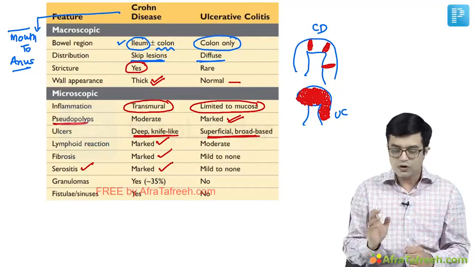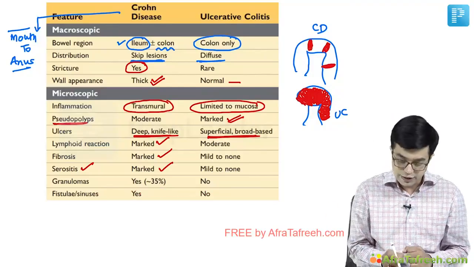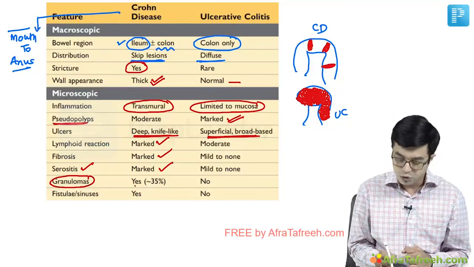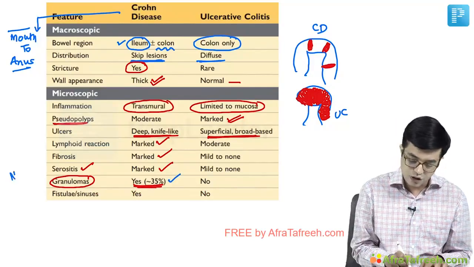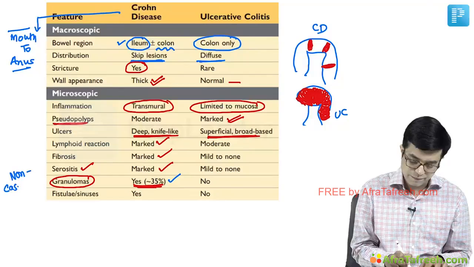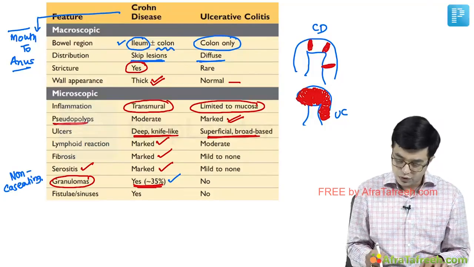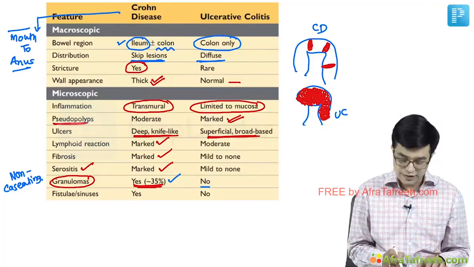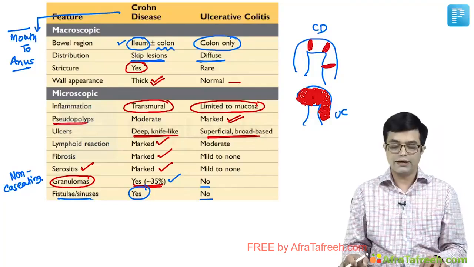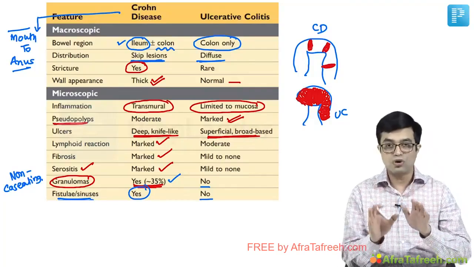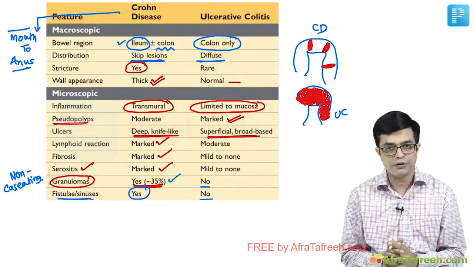It will be more common in Crohn's disease compared to ulcerative colitis. Granuloma formation is more common in Crohn's disease. They occur in 35% of patients. They are non-caseating granulomas. Whereas in ulcerative colitis, no granuloma formation is there. Fistula and sinus formation will be seen in Crohn's disease, not seen in ulcerative colitis. So these are the major pathological features, distribution features that you need to remember.